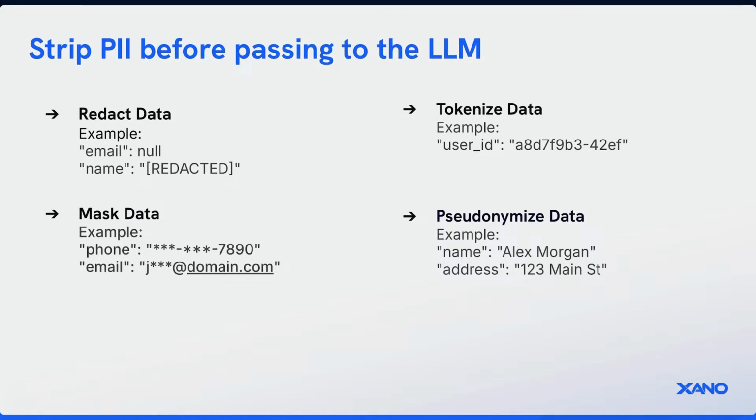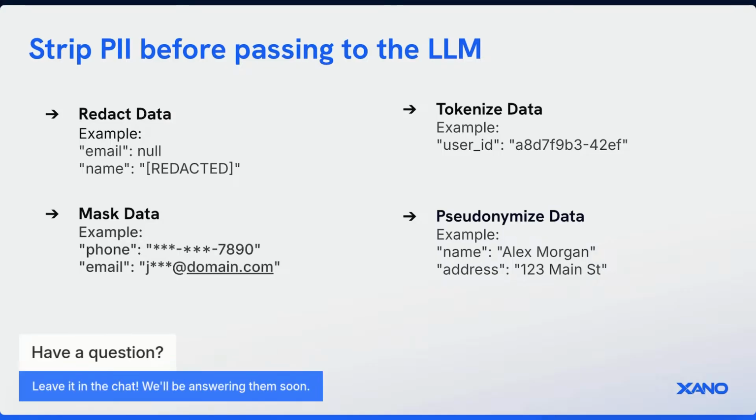First, you can redact the data, which means completely removing it or blanking it out so it's not visible or usable. The next one is masking the data, so we're obscuring part of the value while retaining some of the structural context. We can also tokenize the data, which replaces the value with a non-identifiable placeholder or reference.